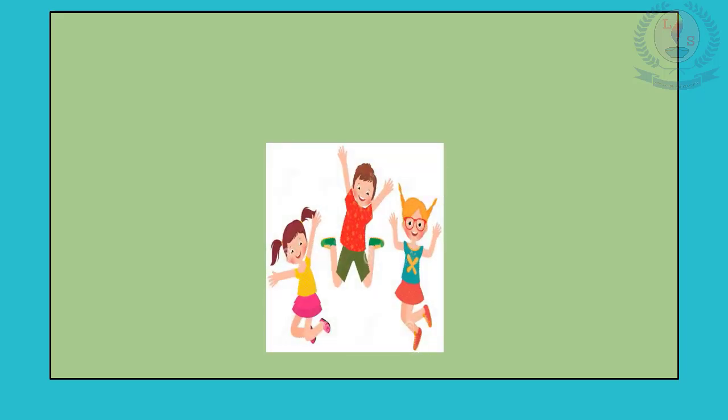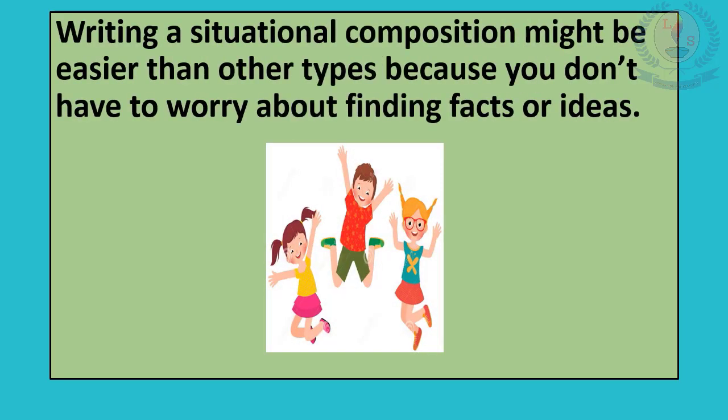So here's something to be happy about. What is that? Writing a situational composition might be easier than other types because you don't have to worry about finding facts or ideas. What you need to do is simply write using the given data or information.